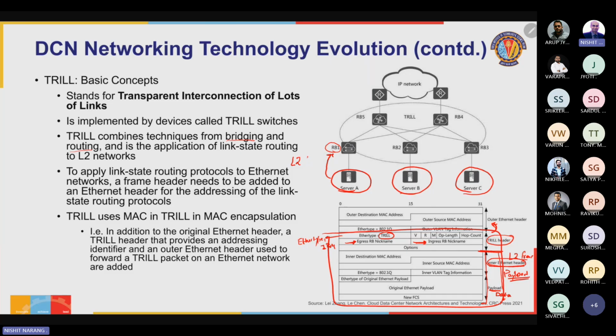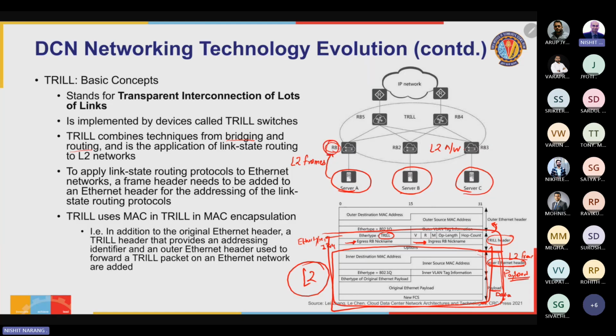They are sending L2 frames because they believe this is a layer 2 network. So they are sending L2 frames to the access switches to switch towards the destination. That is the inner payload, your L2 frame which the server has generated.